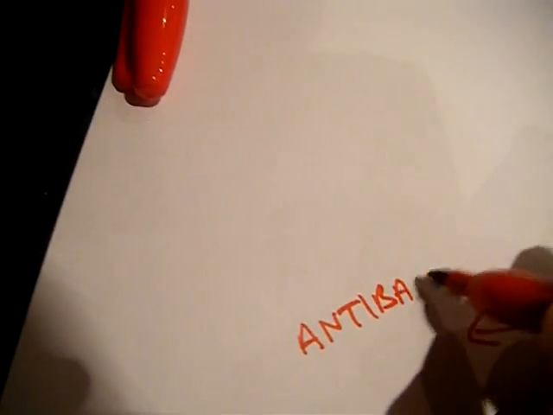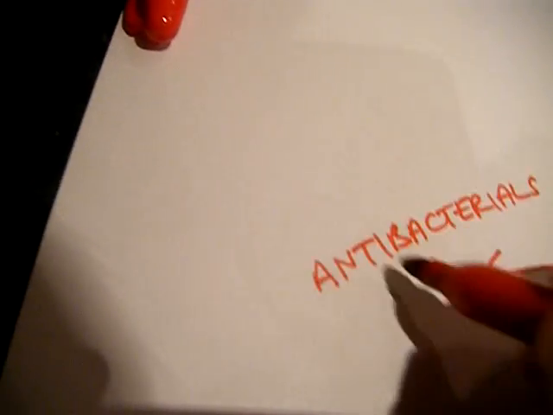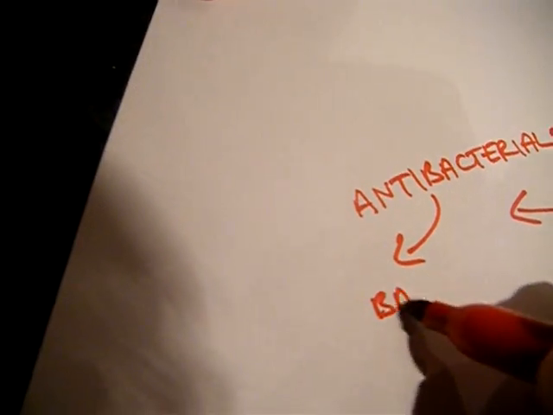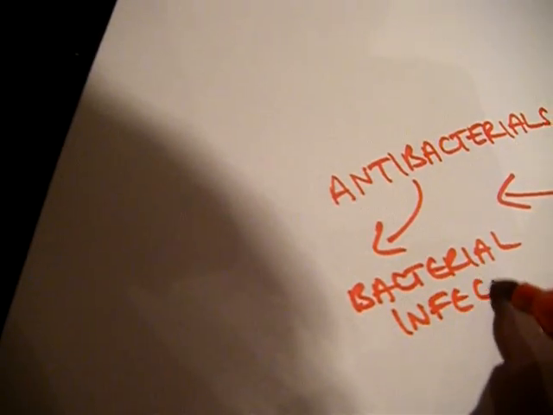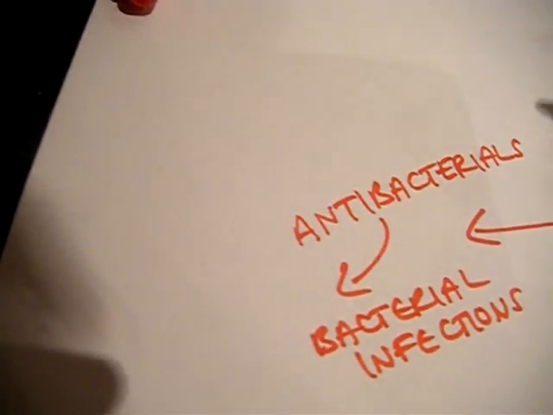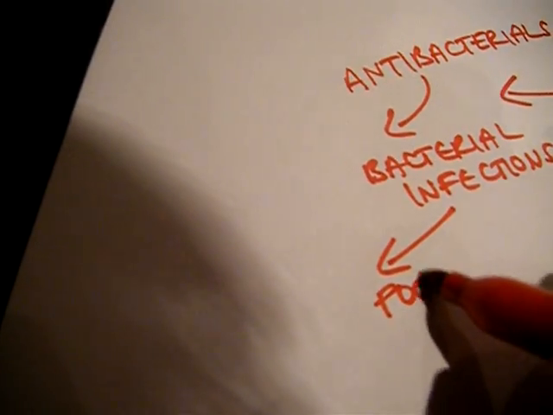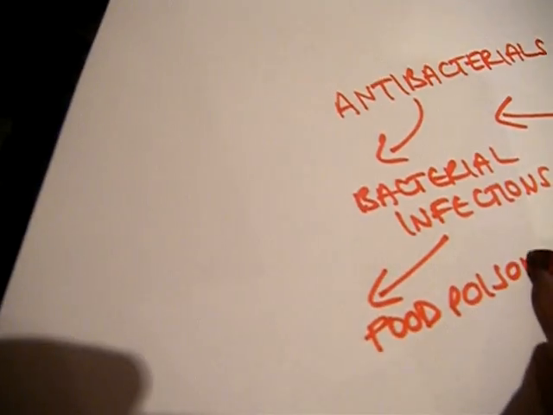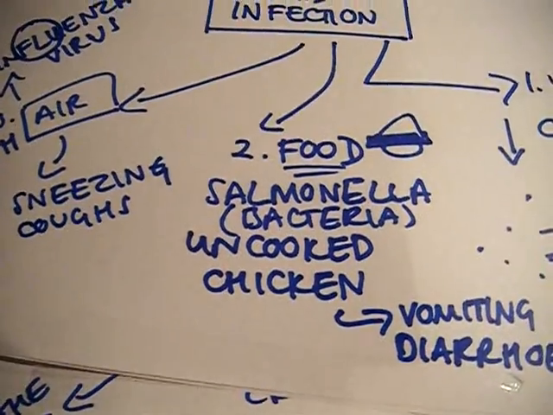We can have antibacterials again, to treat bacterial infections, such as food poisoning, because like we just said, if I can find it in my pile, salmonella is a bacteria that causes food poisoning.